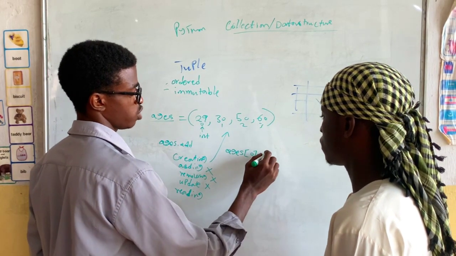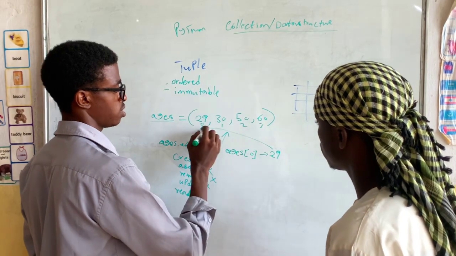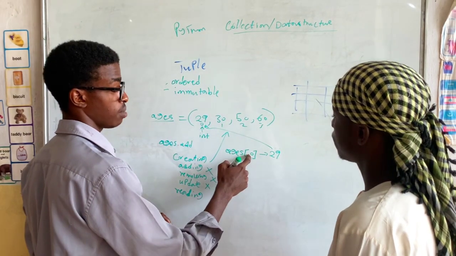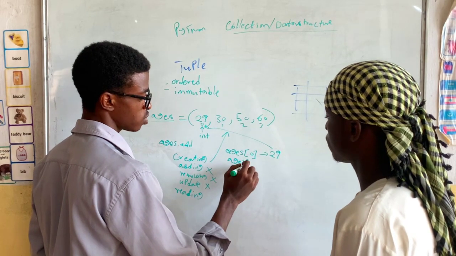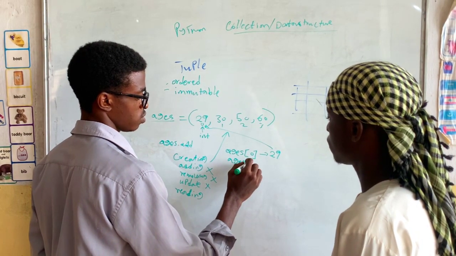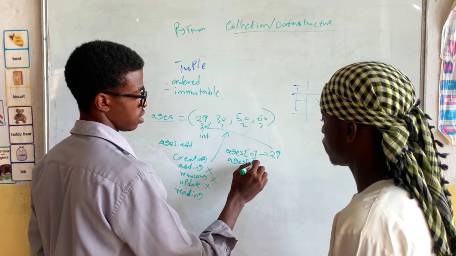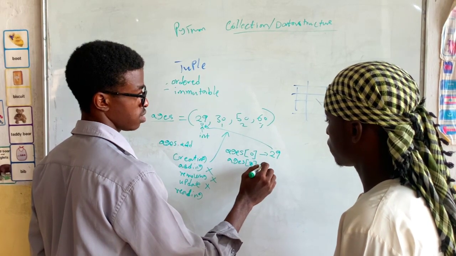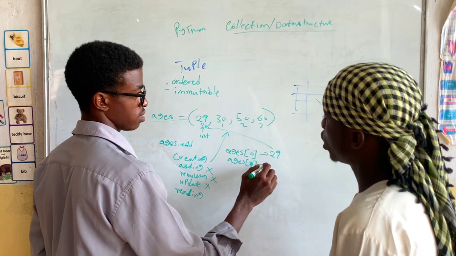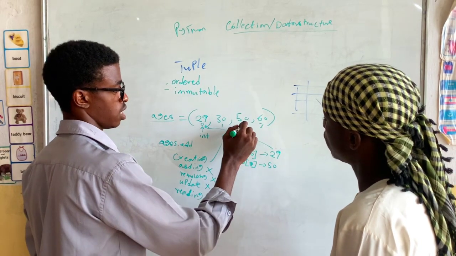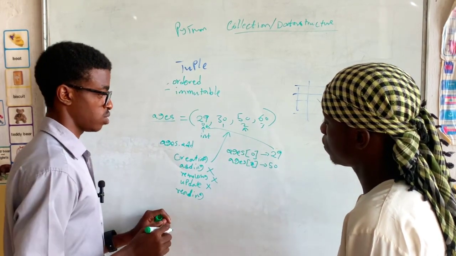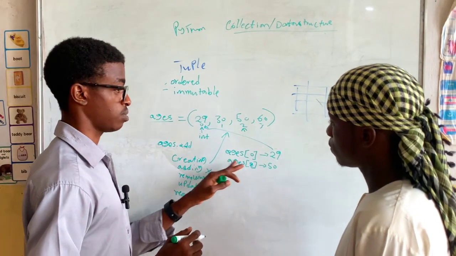Then it's going to give me 29, because 29 is the first element. When I say ages, square bracket, and put 2, what am I going to see? I'm going to see 50, because 50 has index 2. So this is how we read a specific element.